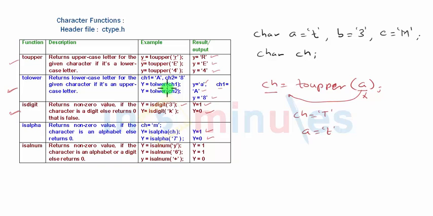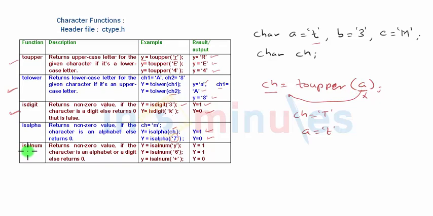Now you can see while calling a function you can write a variable as a parameter or you can write a value as a parameter directly, that is you can mention a character variable as a parameter or you can write a character value directly. See, for example, here for converting to uppercase we have written a over here, so a is lowercase t whose uppercase will be stored into ch. So you can use the parameter as a variable or as a value.